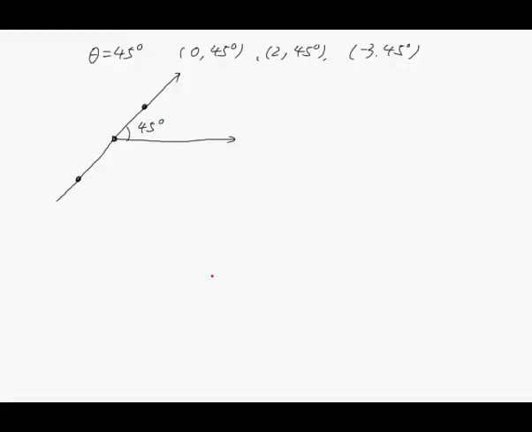So it's quite simple for the line going through the pole in the polar coordinate system. So anyway, theta equal to constant just stands for a line going through the pole.